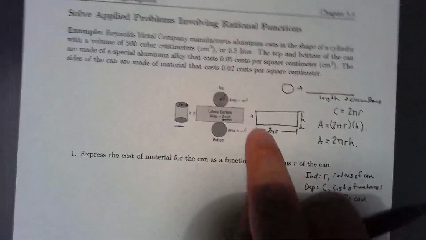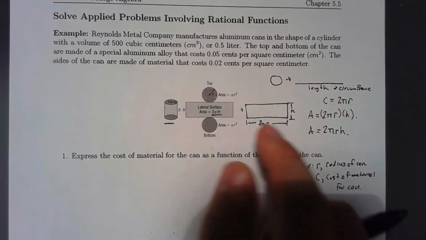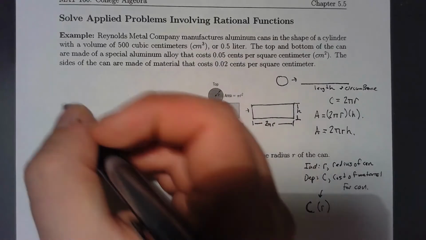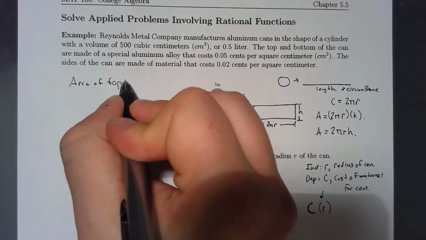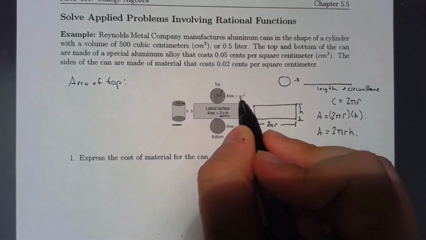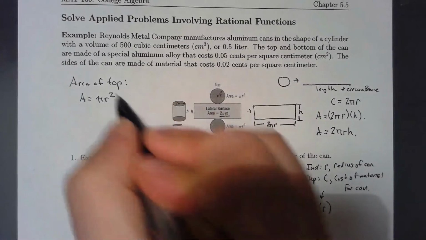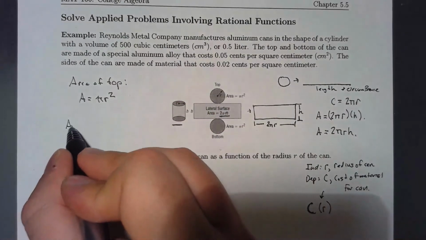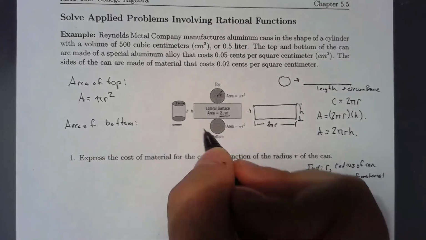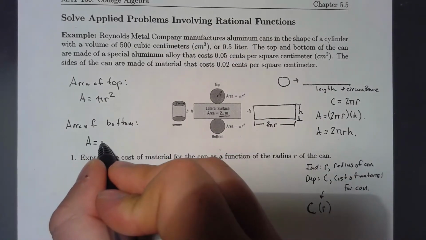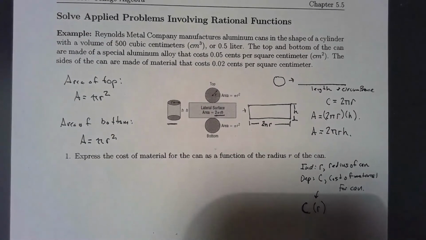Now the top and bottom of the can, they're circles. Well, that's easy enough. The area of the top is just a circle, and the area of a circle is pi r squared. The area of the bottom is another circle, which is also pi r squared. So what's the area of the top and bottom together?